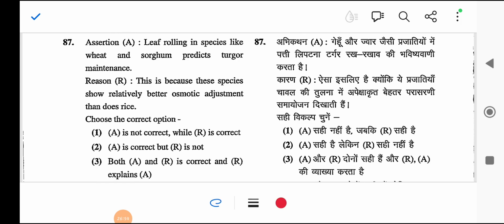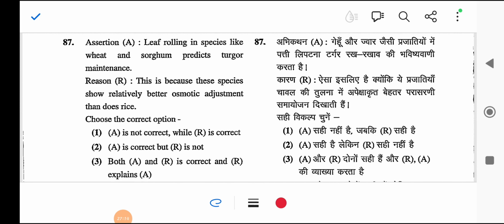87. Next is assertion. Leaf rolling in species like wheat and sorghum predicts turgor maintenance. This is because these species show relatively better osmotic adjustment than does rice. So which one is correct and which one is not?